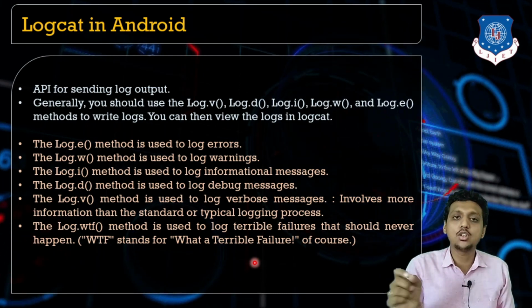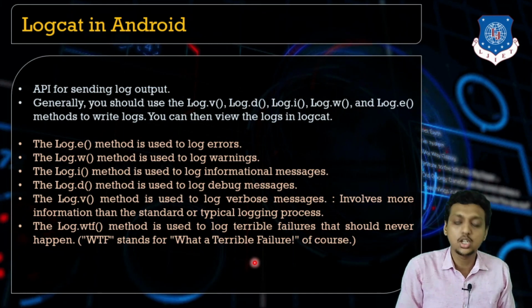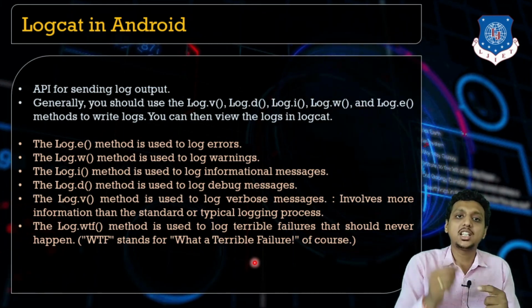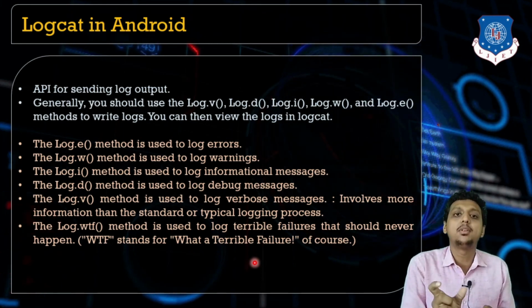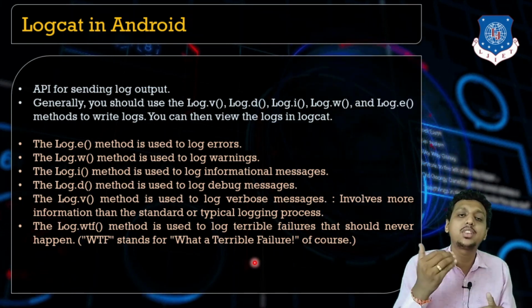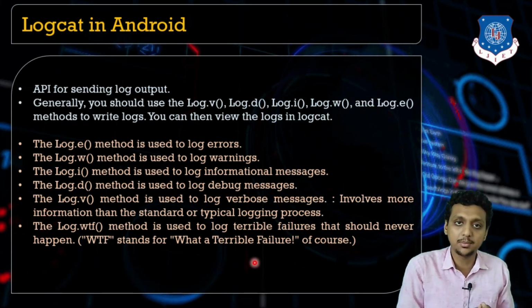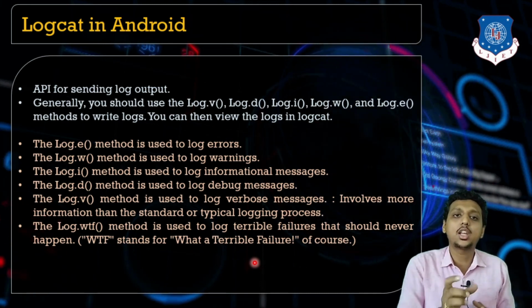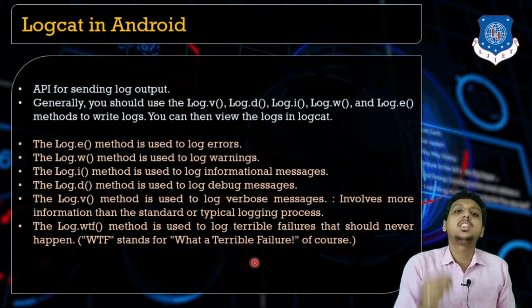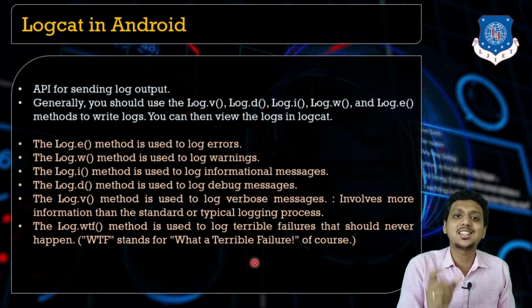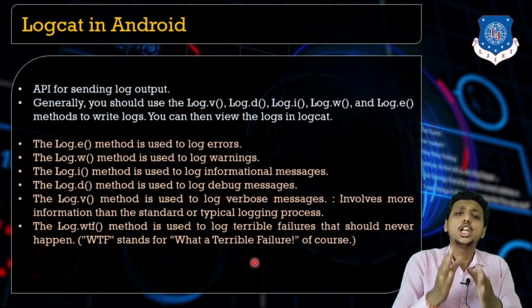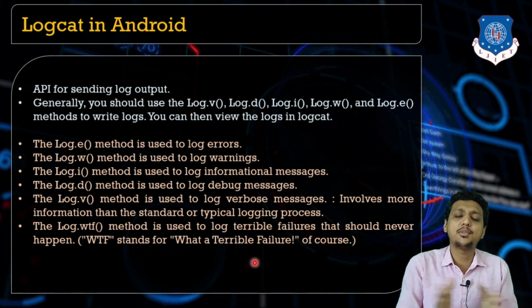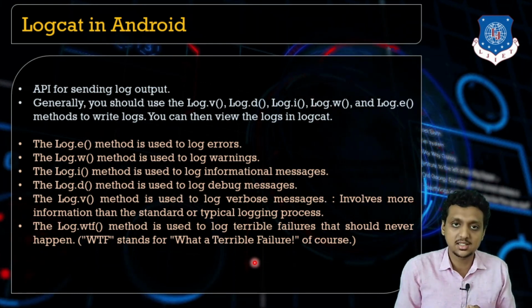If you write console.log, hi, this is Danish, you will definitely see that output in the console, and you think, okay, these things are working. Same like that, in Android Studio, we have the Logcat facility, but with the addition of tags, so that you can define various types of logs under different tags.